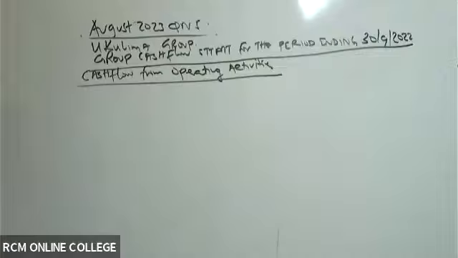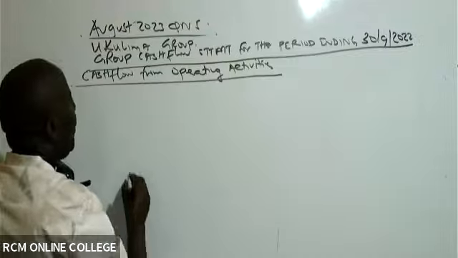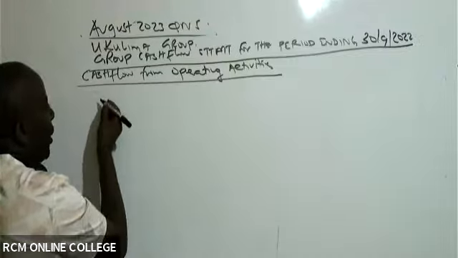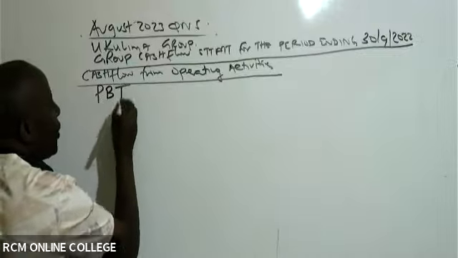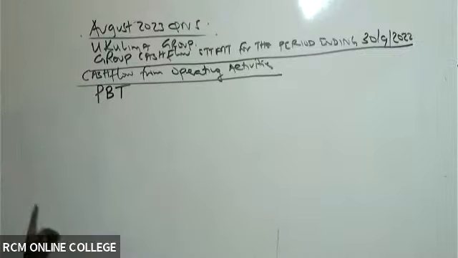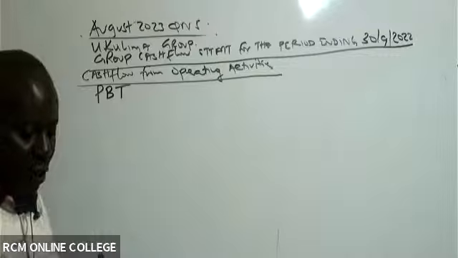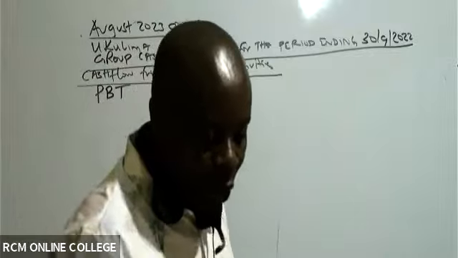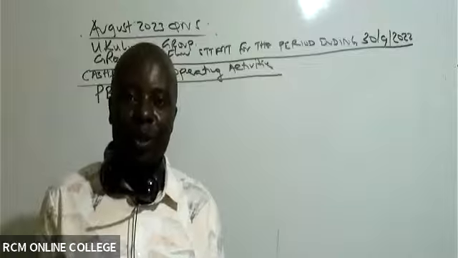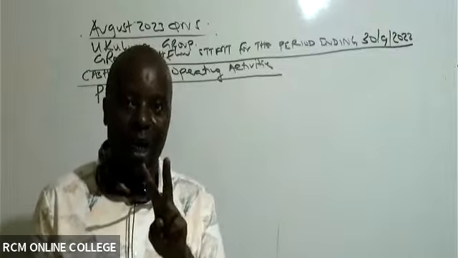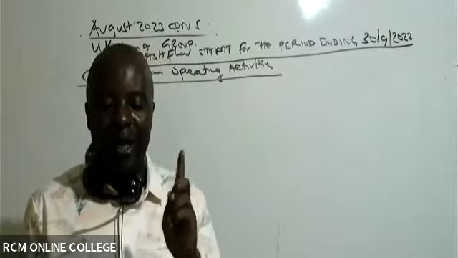All right. And then, of course, if it's indirect method, this is what we are doing. You should always start with the profit before tax. Is there somebody who is able to see the profit before tax in the income statement? Remember, for you to do this, you must be given statement of financial positions for 2 years, and then income statement 1 year.